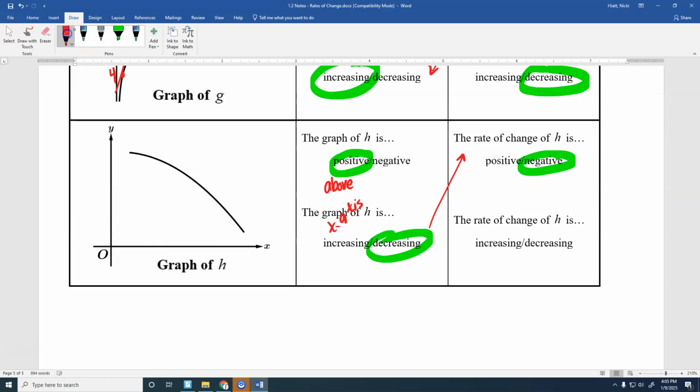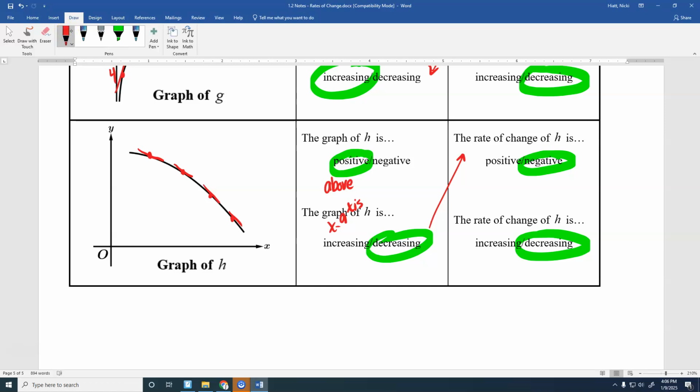Okay, if we think of drawing in a bunch of little tangent lines right here, all of those tangent lines have negative slopes because they're decreasing. Now, our rate of change in this case, we're thinking about concavity. This is concave down, and if a graph is concave down, the rate of change is going to be decreasing.